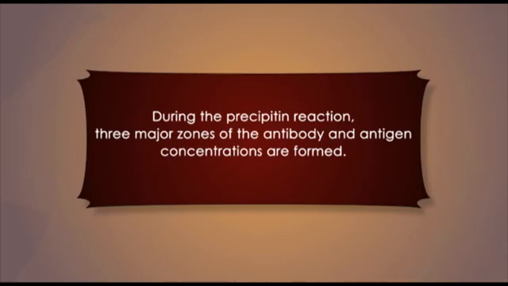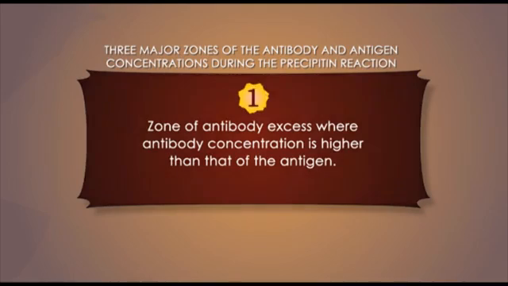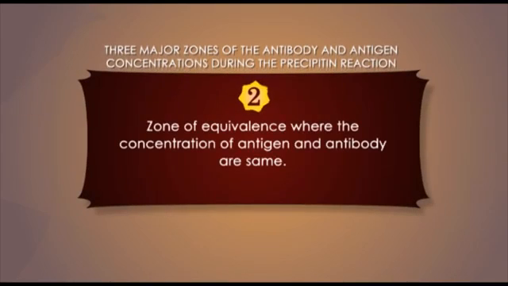During the precipitin reaction, three major zones of antibody and antigen concentrations are formed. Number 1, zone of antibody excess, where antibody concentration is higher than that of the antigen. Number 2, zone of equivalence, where the concentrations of antigen and antibody are the same.